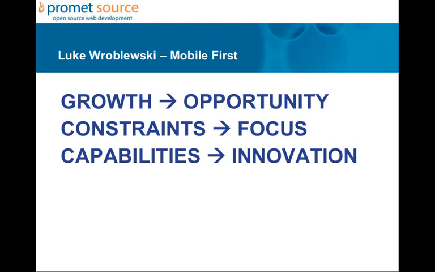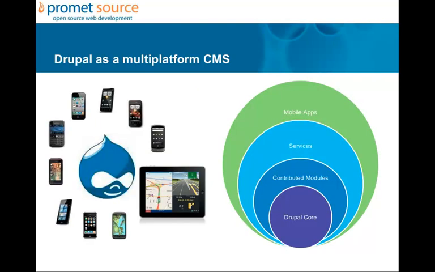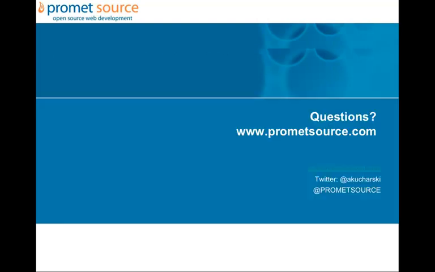So it's a good time to think about doing a mobile website. And as I mentioned, Drupal is pretty ready out of the box, not only with themes but also services. Drupal Core in D8 is going to handle HTTP requests differently. So it's all good.